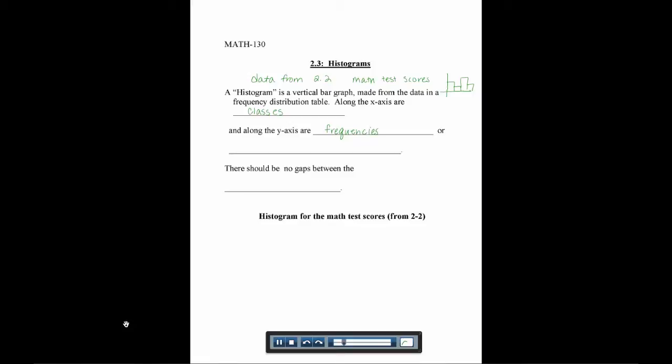So along the y-axis, you could have the relative frequencies or the cumulative frequencies. Now, the big rule about histograms is that there should be no gaps between the vertical bars.